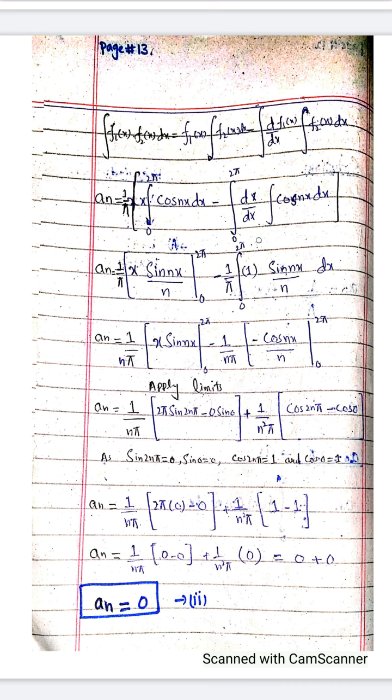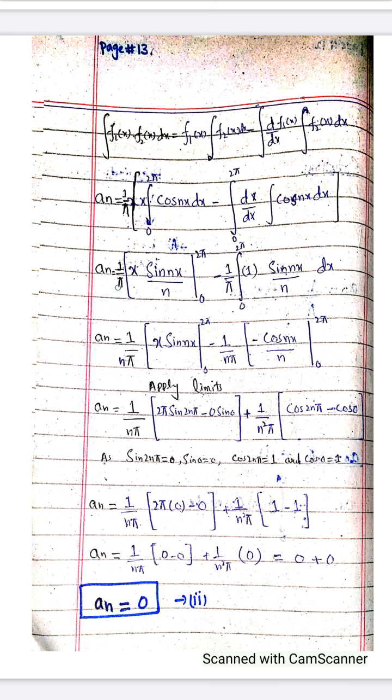So we will solve a n by this formula. Here x is my first function and cos nx is my second function. So 1 over pi whole bracket, first function is x, so x times the integral of cos nx, limit 0 to 2 pi, minus the integral 0 to 2 pi of the derivative of the first function, derivative of x, times the integral of cos nx dx.